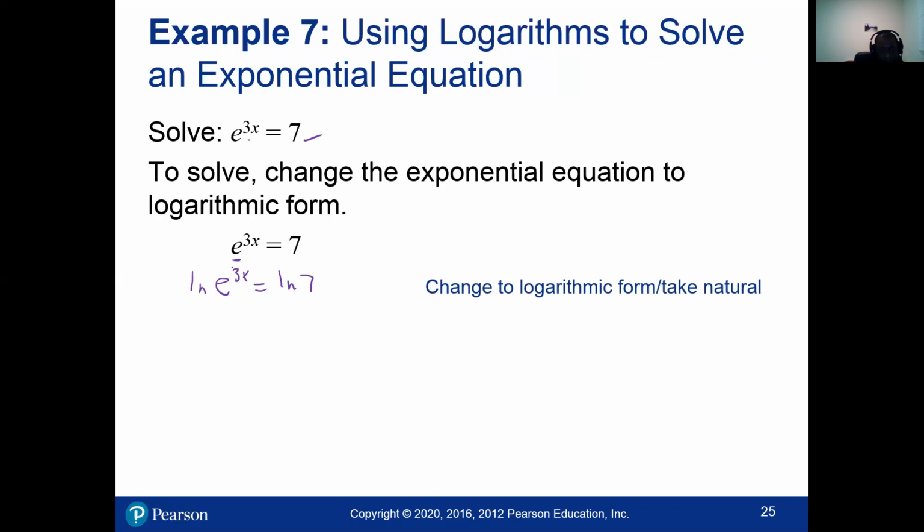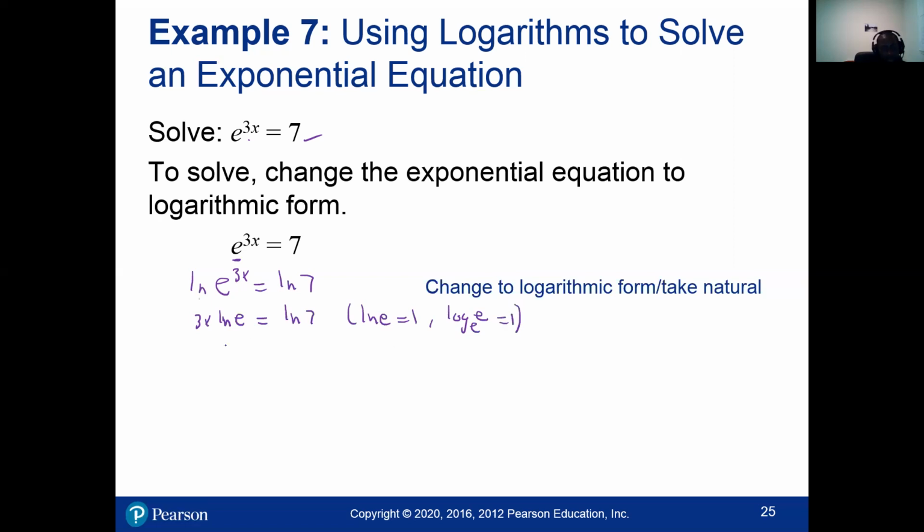And then we use one of the properties of logarithms. You can write this as 3x natural log of e is equal to natural log of 7. But natural log of e is equal to 1, because any log to the same base is equal to 1.